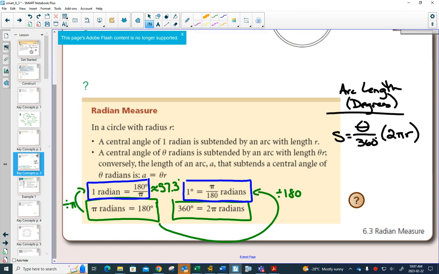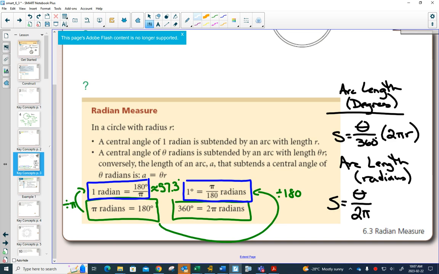We can now write out an arc length formula in radians. It will also be a proportion, but instead of out of 360, we would do out of 2 pi.